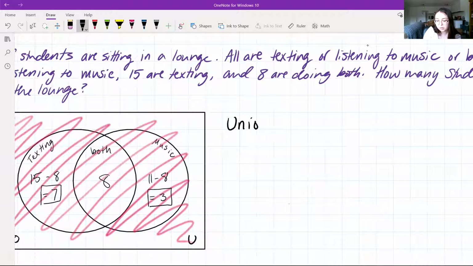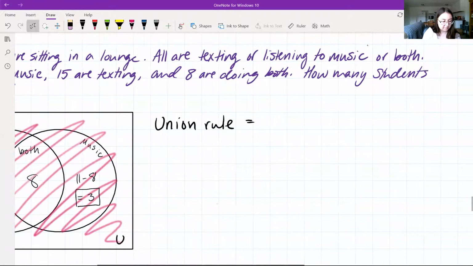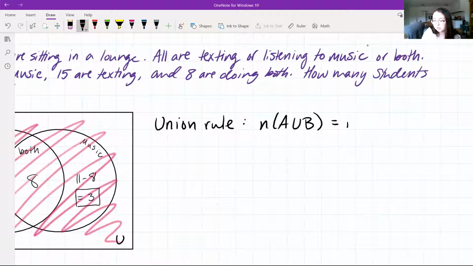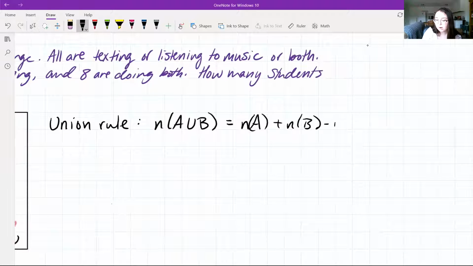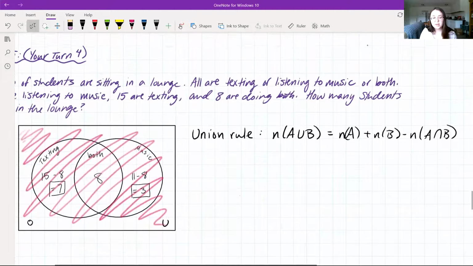So our union rule is going to be N of A union B is equal to N of A plus N of B minus N of A intersect B. So we know these values.